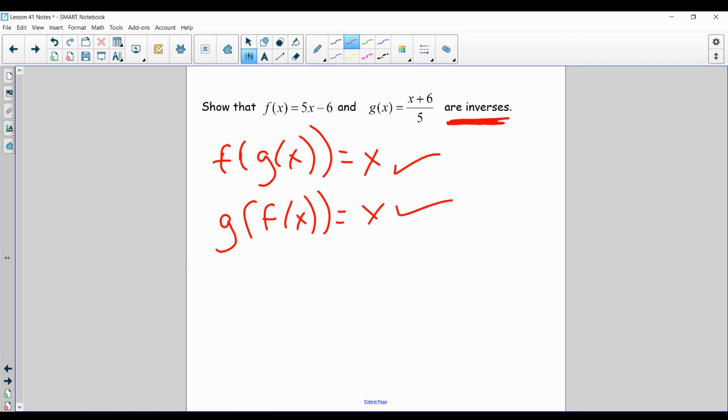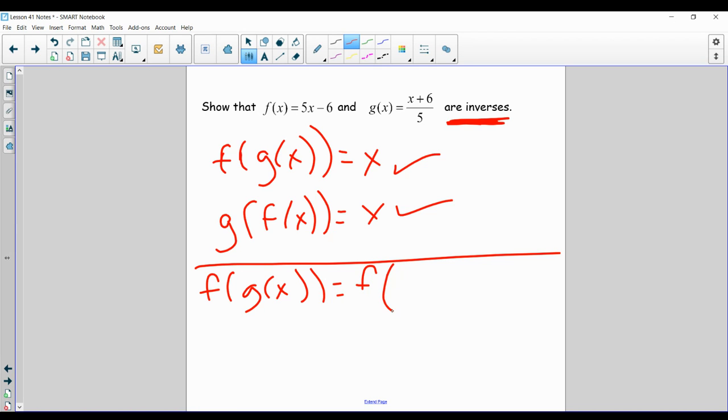Okay, so let's start with f of g of x. So if I do f of g of x, g of x is x plus 6 over 5. So I'm going to replace the g of x with x plus 6 over 5. And then I'm going to take the x plus 6 over 5 and replace it for the x in f's function.